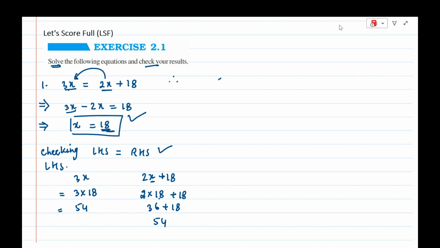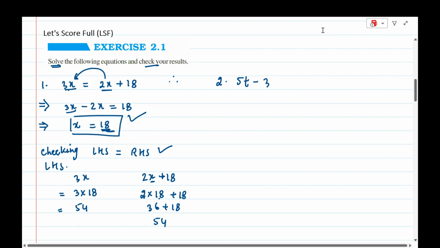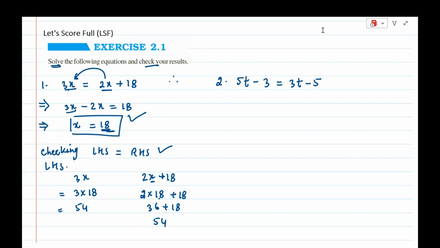Let's see the second question. 5t minus 3 is equal to 3t minus 5. Again, the first step is to separate the variable and constant terms. I can see a variable here, a variable here. So transfer these towards the left. This is a constant, here also a constant.